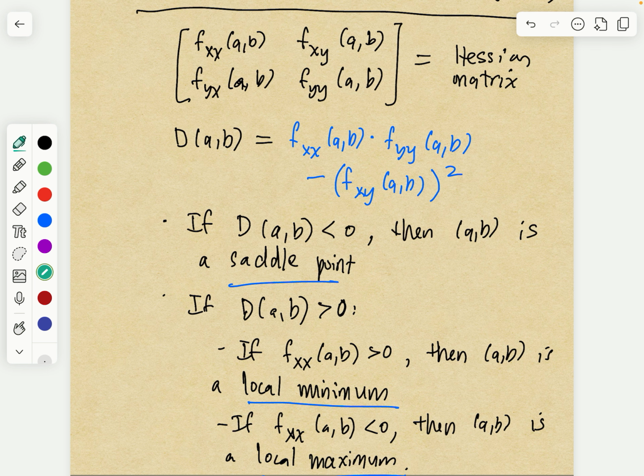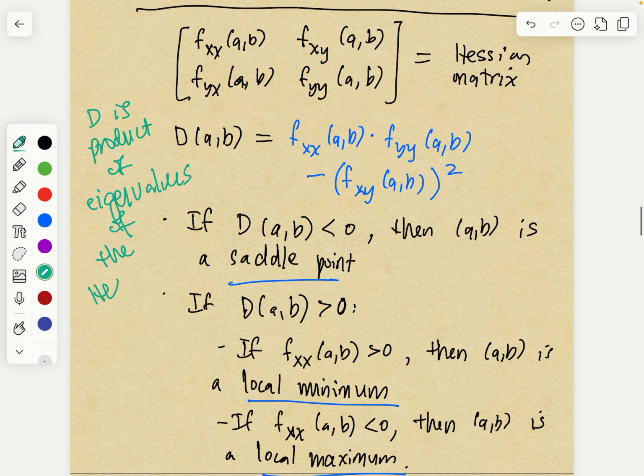So D is the product of the eigenvalues of this Hessian matrix. That's an interpretation of the determinant of a matrix.